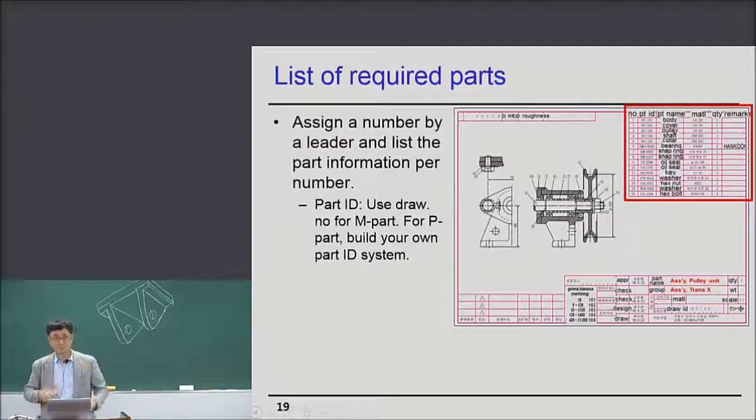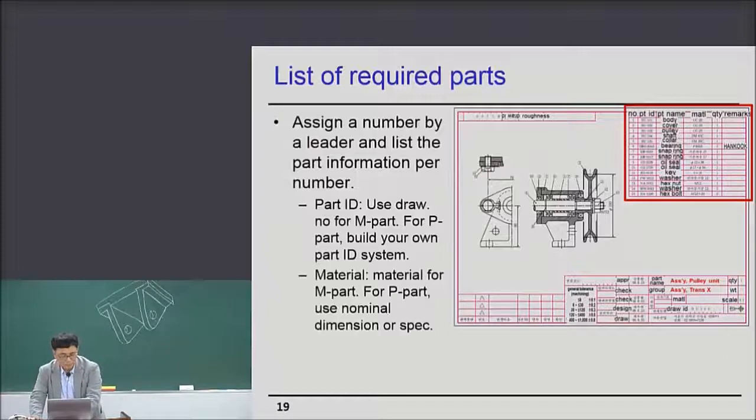So don't worry about it. For the part ID for purchase part, if you enter the company, you will become an employee of the company, then the first step is to ask what's the system of giving part ID for each purchase part. All right? Okay, so don't worry about it. So for P part, build your own part ID system, or ask a company to let you know their own part ID system. Okay, so don't worry about it.